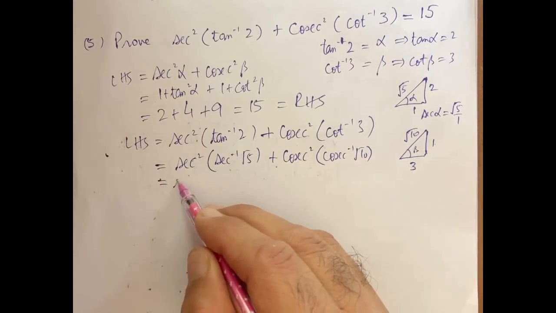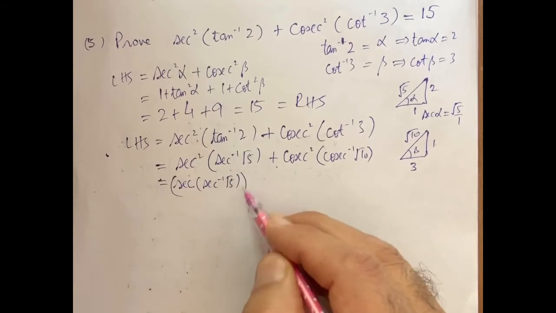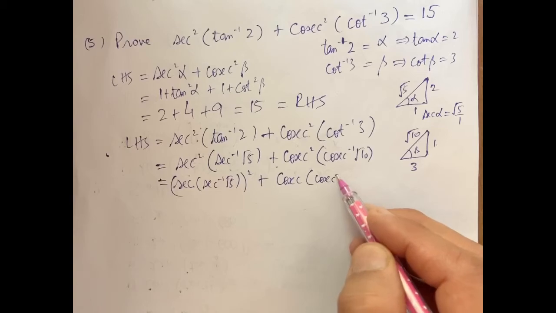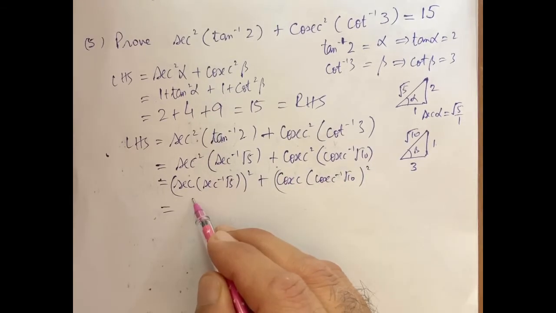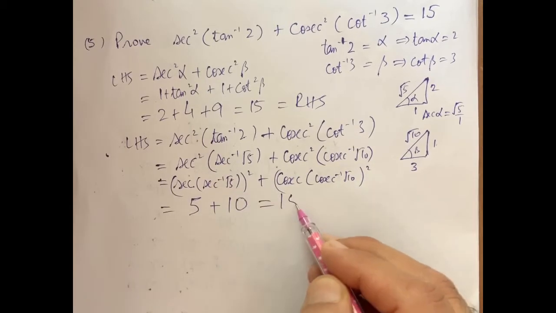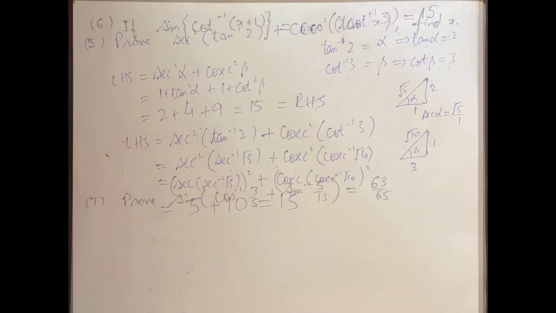This is secant inverse of root 5 and whole square, plus cosecant inverse of root 10 and whole square. This is root 5 square, which is 5, plus root 10 square, which is 10. 10 plus 5, 15. This is the second way of solving the same.